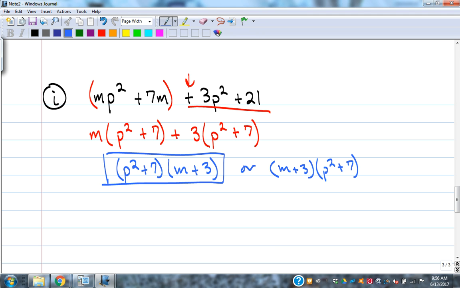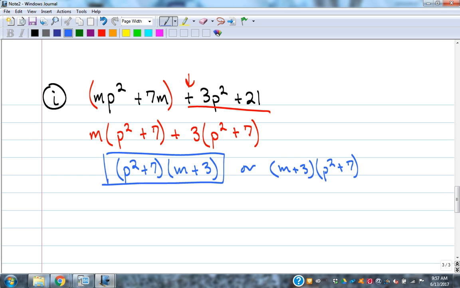Remember that it doesn't matter what order the factors are written in. It's still the correct answer. Okay, so we're looking at factoring here. 4 terms is going to tell us to group. And grouping is just GCF twice. So everything stems back to being able to find the GCF between terms. If you can do that, then the rest of it is easy.